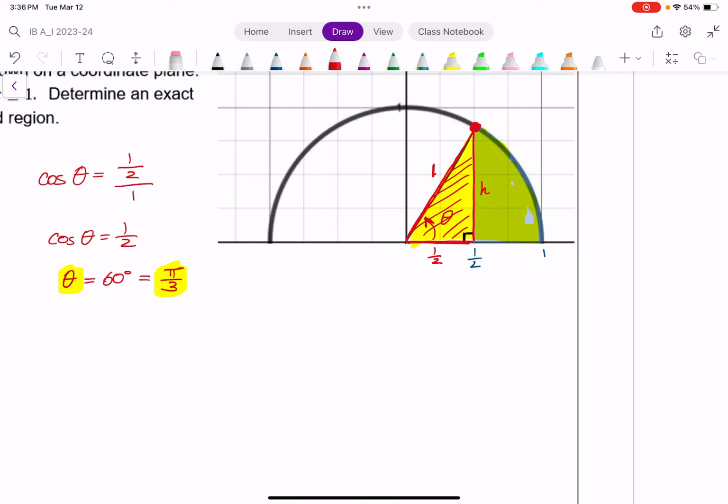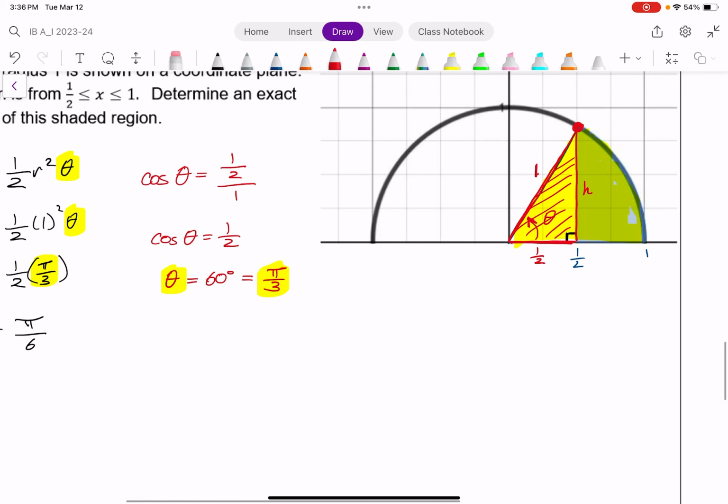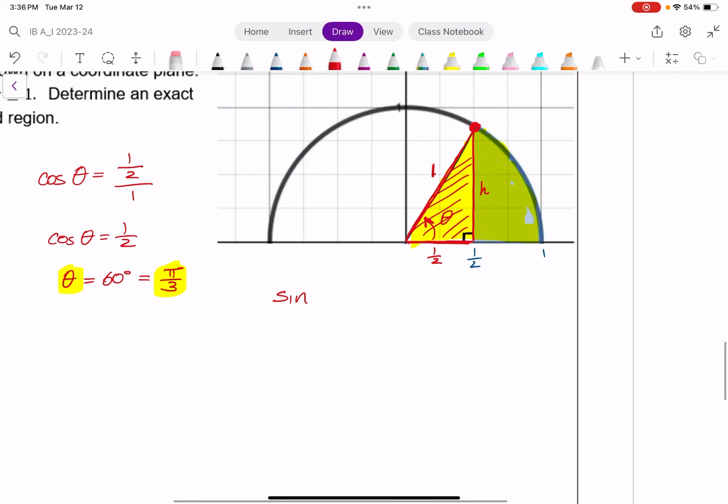How am I going to do this? I'll use a sine function here, I guess. I mean, I have so many options. But I'll say the sine of 60 degrees, or I'll stick with radians, pi/3, although it makes no difference to think in degrees. The sine of pi/3 is opposite over hypotenuse. So in this case, 1/2 over h.